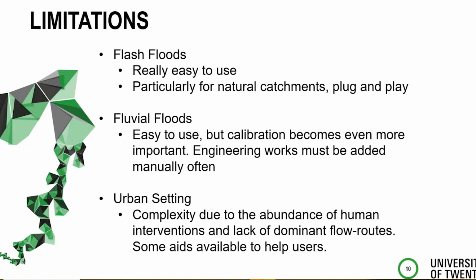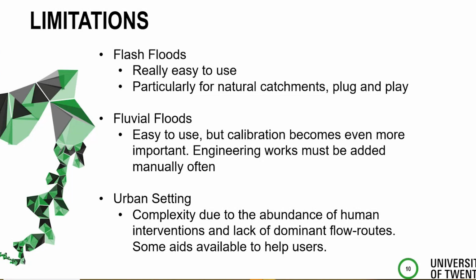Fluvial floods are easy to use, but calibration becomes more important. The flooding behavior is more dependent on threshold type things, like levee systems, the channel capacities, etc. Which you can manually input. Maybe you can manually calibrate it, but it takes more attention to get right.